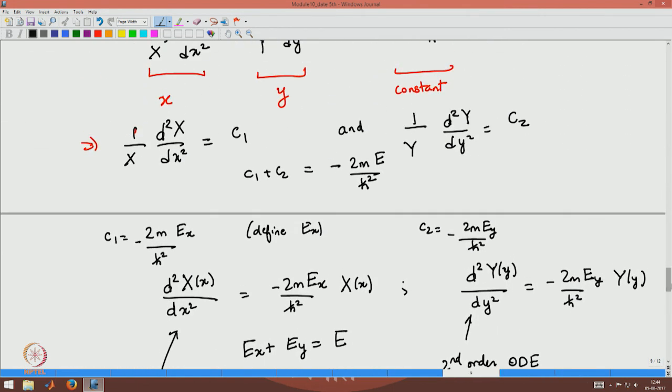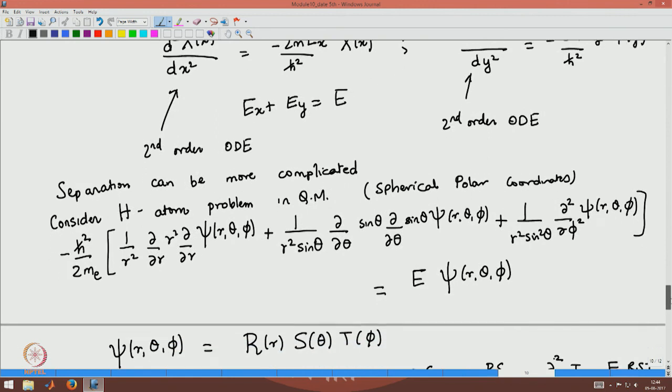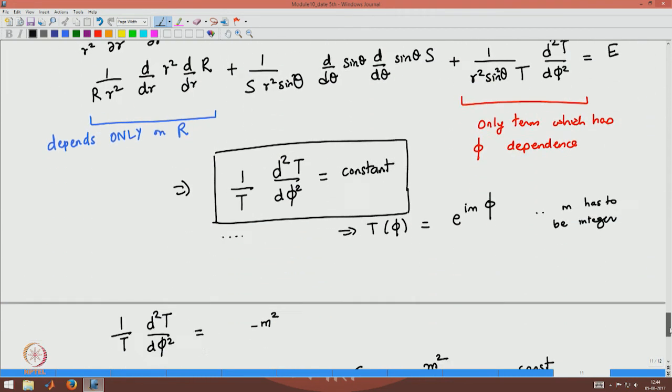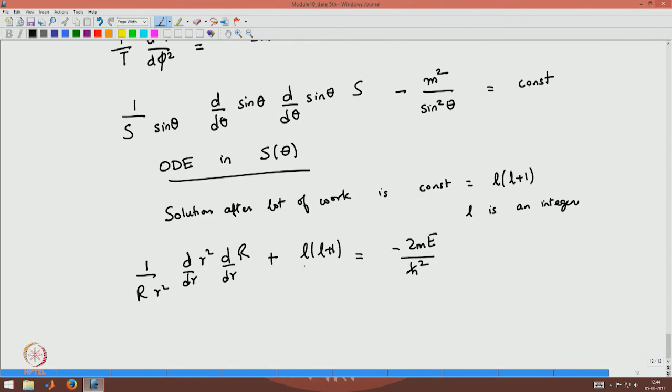Okay, so let us just go back and see where we started. We had this equation, we took the minus 2 m, so we are left with this part, and then there should be an r square, L plus 1 divided by r square.